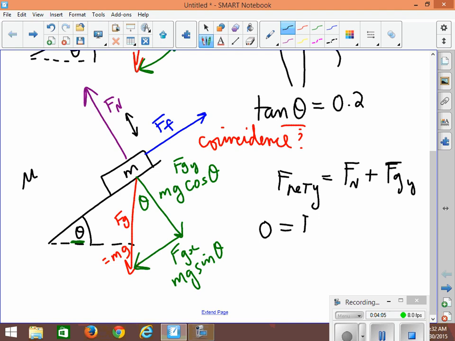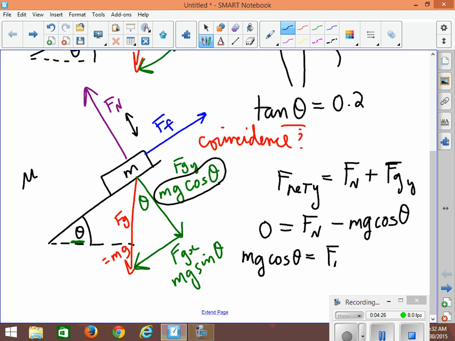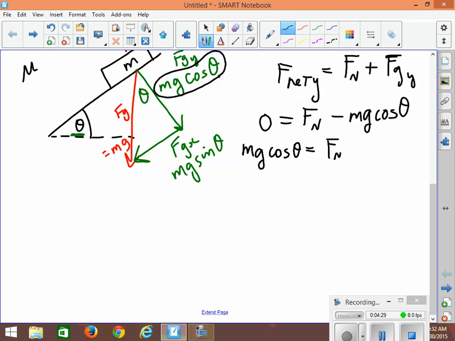And so the force of the normal goes here, and then for Fgy, we have an mg cos theta, and because the arrow is pointing down, this has to be a negative number. We have to tell the math that that's a downward force. We bring it to the other side, mg cos theta equals Fn, or the normal. And that's all we can do for that.